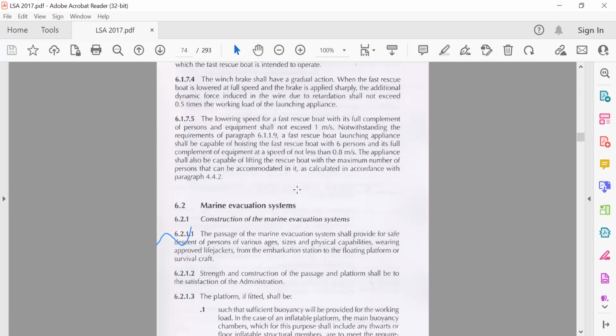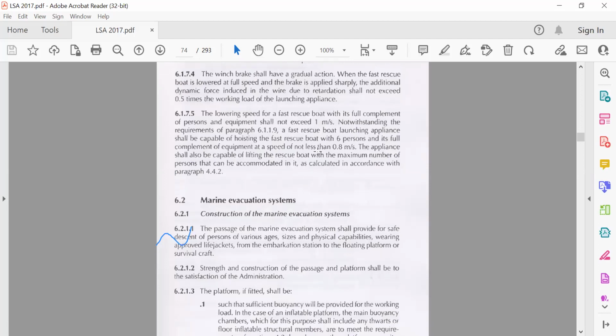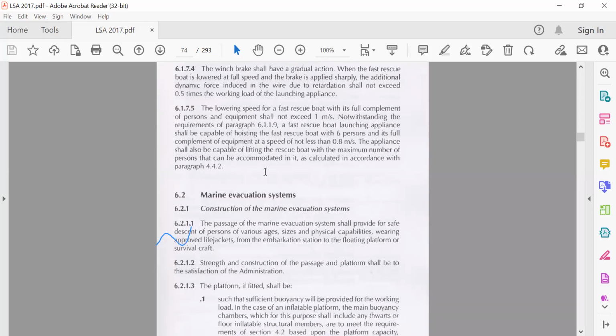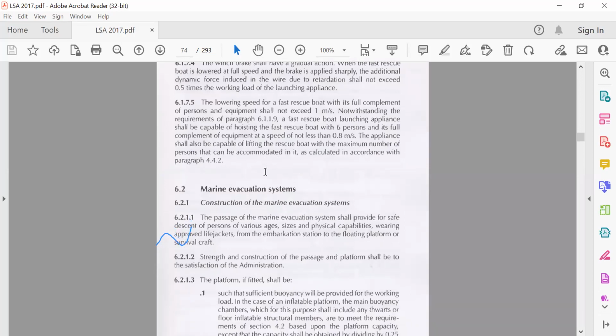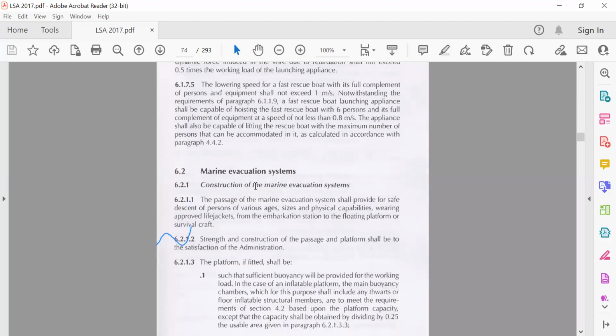Fast rescue boat launching appliances shall be capable of hoisting the fast rescue boat with 6 persons and its full complement of equipment at a speed of not less than 0.8 meter per second. The appliance shall also be capable of lifting the rescue boat with its maximum number of persons that can be accommodated in it, as calculated in accordance with paragraph 4.4.2.